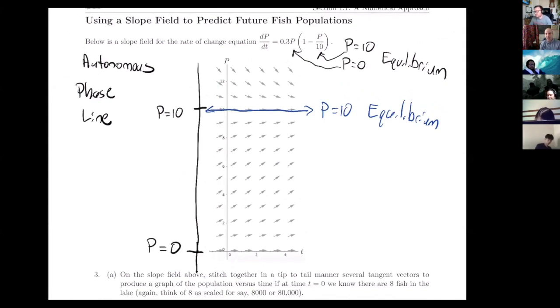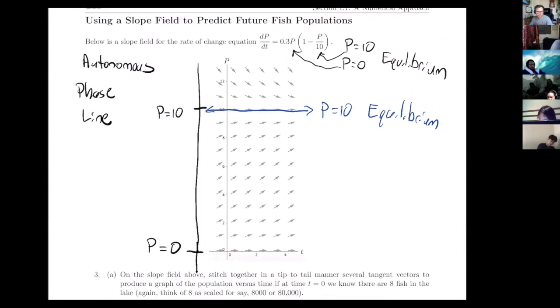So when we're setting up these slope fields, or excuse me, these phase lines, we first mark the equilibrium values on that vertical line. And then we indicate whether dp dt is positive or negative by placing arrows on that line.